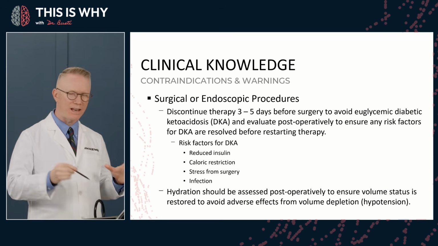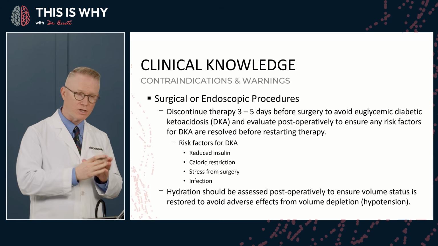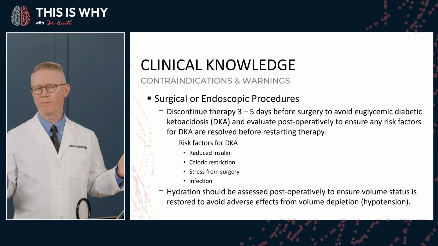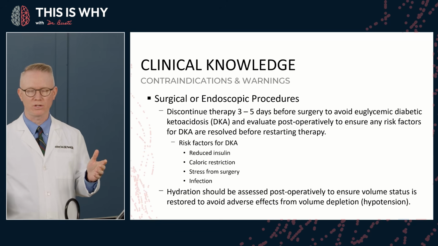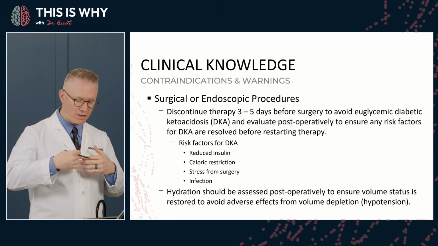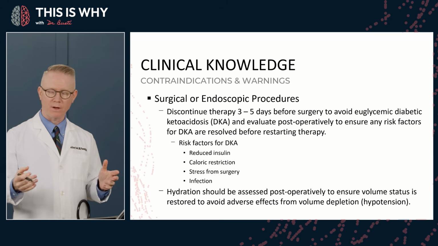Now, surgical and endoscopy-related procedures, where we get concerned about surgery and procedures that are more invasive, is fluid balance issues and glucose homeostasis issues. One of the problems with this drug is that it can cause so much glucose to be released into the urine because of blocking it.